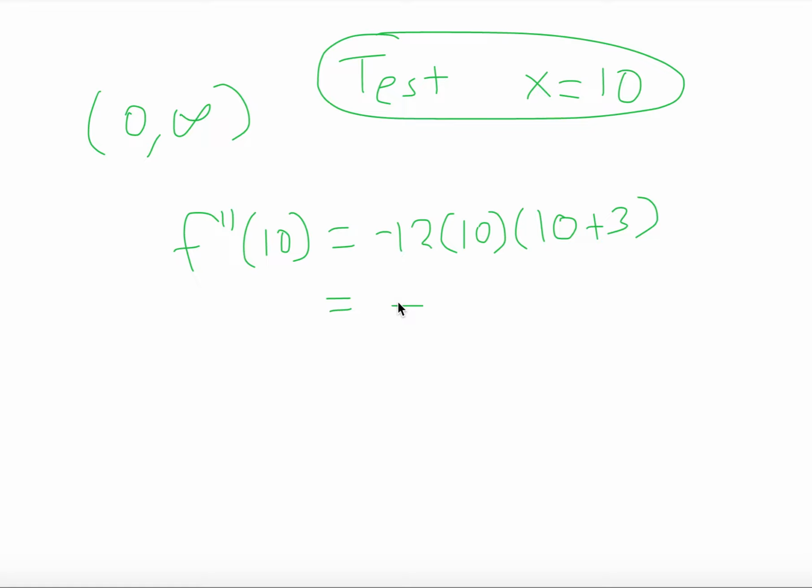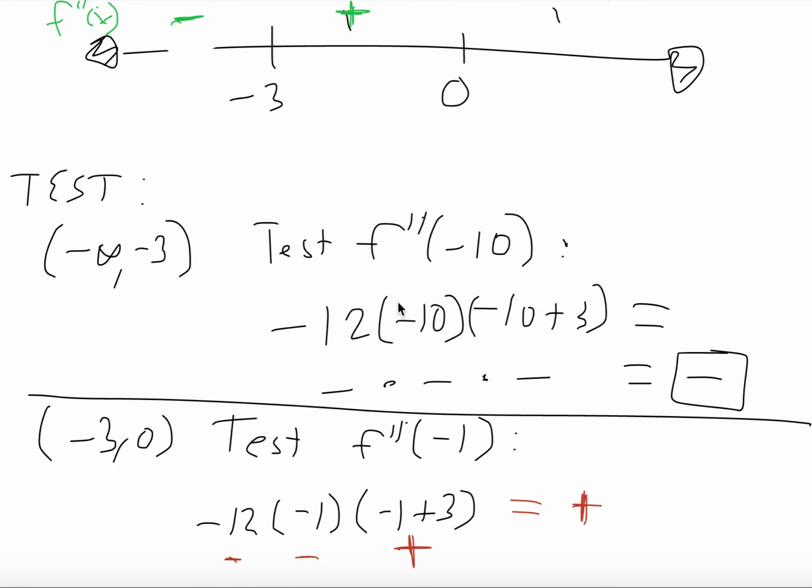It's going to be negative times positive, which is going to be negative. So on my sign chart, I record that information, that this is negative. So I have my information about f double prime right there.